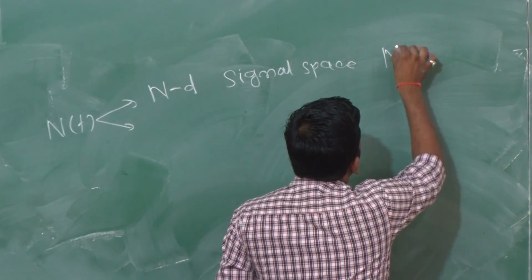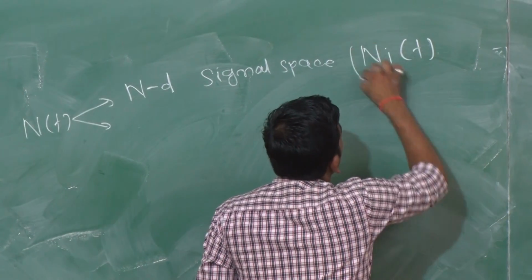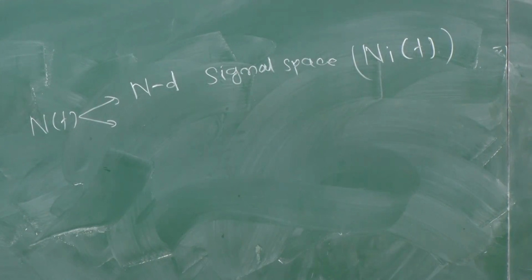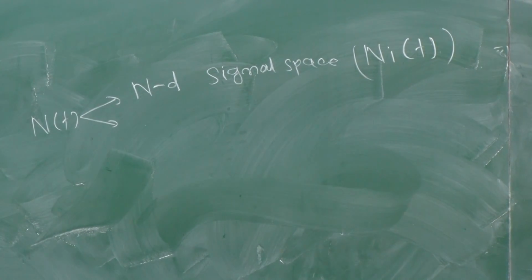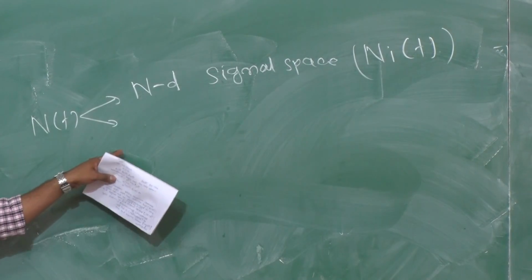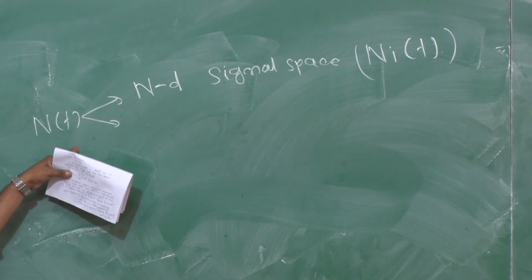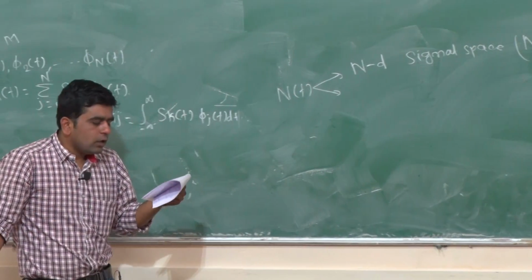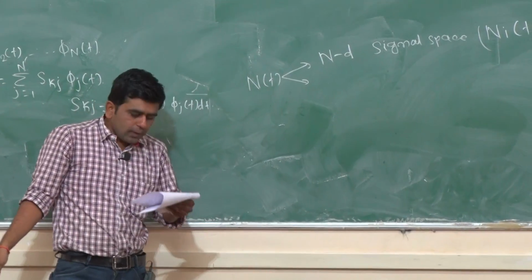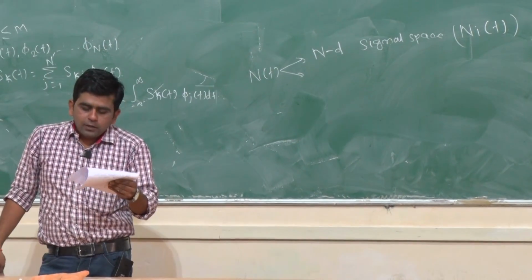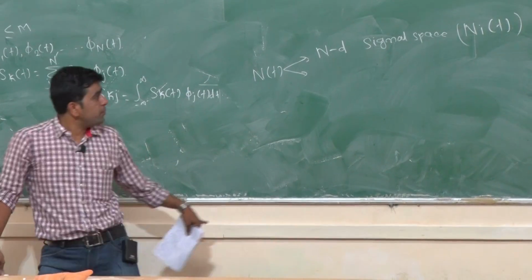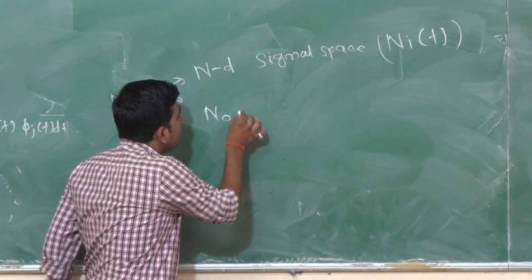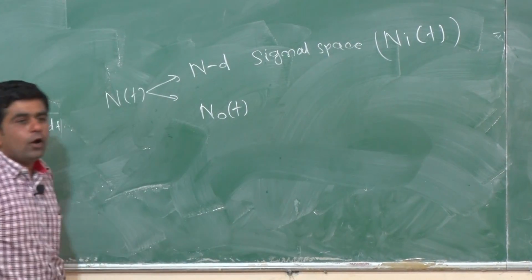Here we have to represent this as n i of t, the first part, which can be represented by n dimensions, and the second part, the remaining component of n of t, which will be perpendicular or orthogonal to the n dimensions. This remaining part is perpendicular to these n dimensions and can be represented by n naught of t.